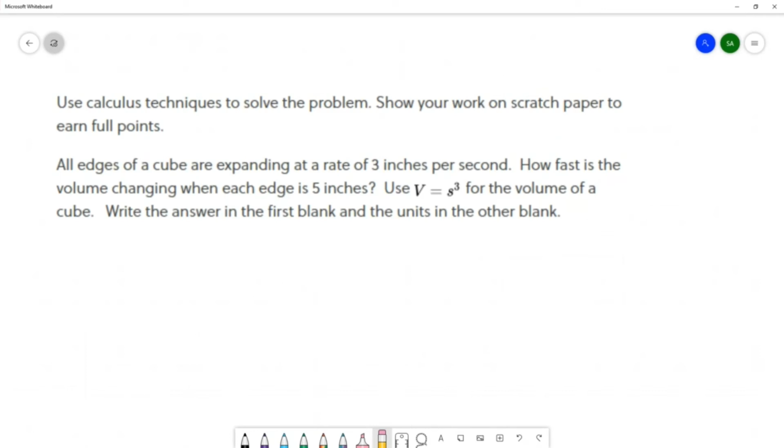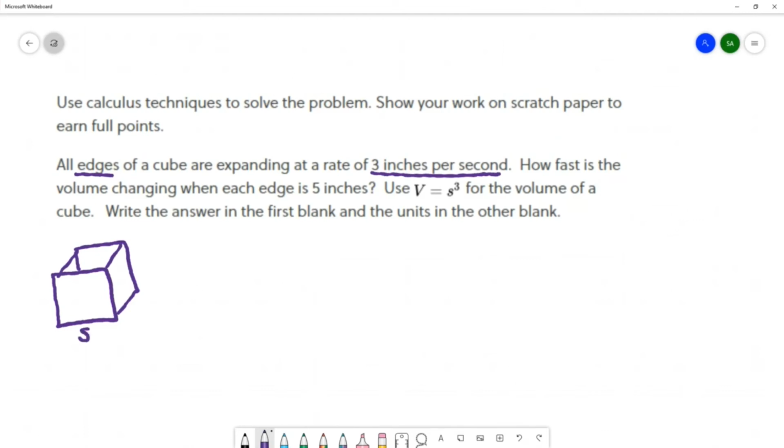So let's start with the given information. We're given that the edge of a cube is expanding at a rate of 3 inches per second. When you have a cube, you have a figure that looks like this. The cube is three-dimensional, and because it is a cube, all the sides are the same.